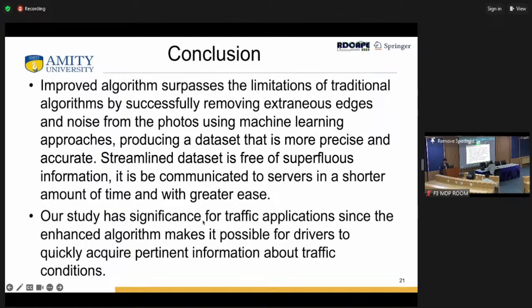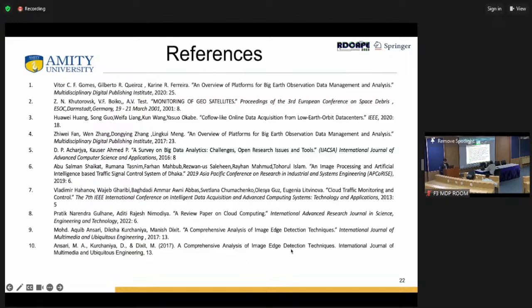And our study has significance for traffic applications, since the enhanced algorithm makes it possible for drivers to quickly acquire pre-trained information about traffic conditions. And these are the references.